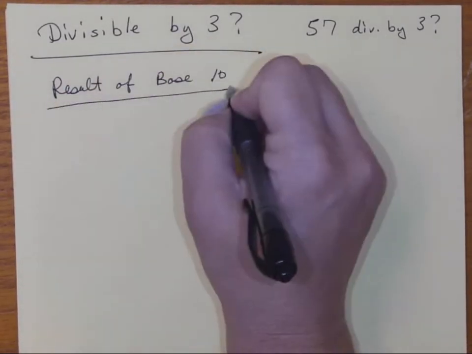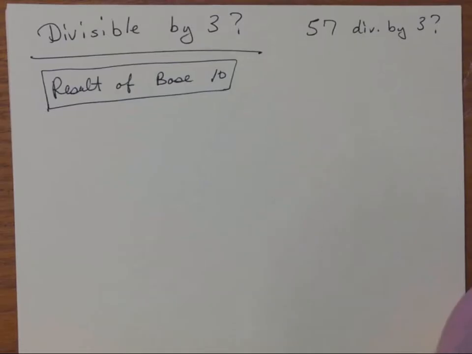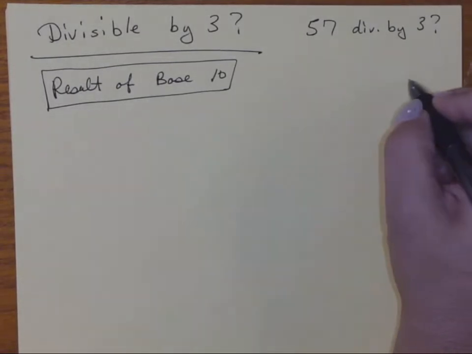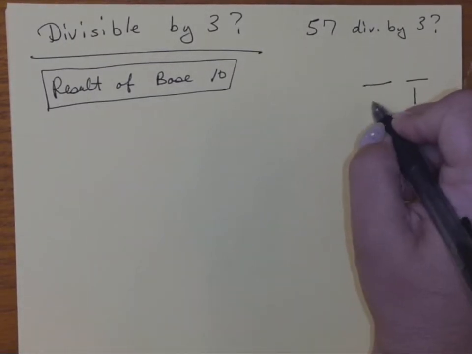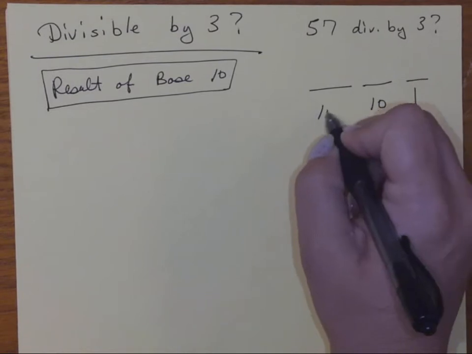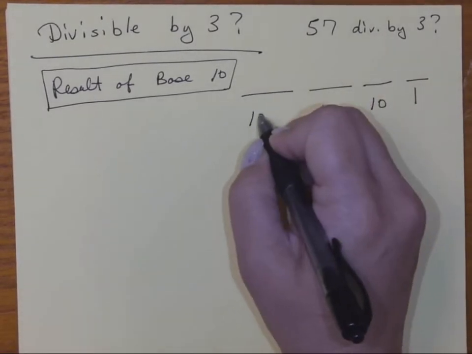Okay, so that's really important as you talk to kids and see what's going on. It doesn't always happen this way, but because we're using the base 10 system, I can say, hey, let's look at all of our place values in base 10. So we have the ones position, and the tens position, and the hundreds, and the thousands.